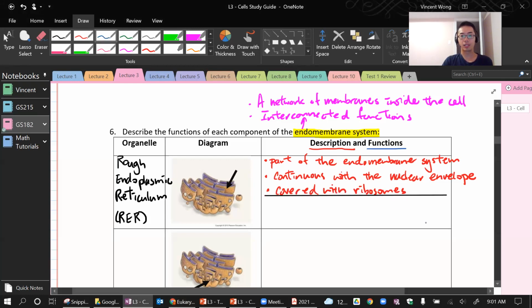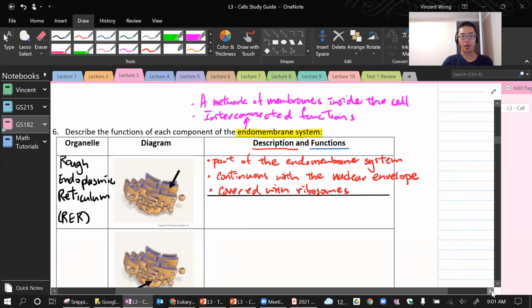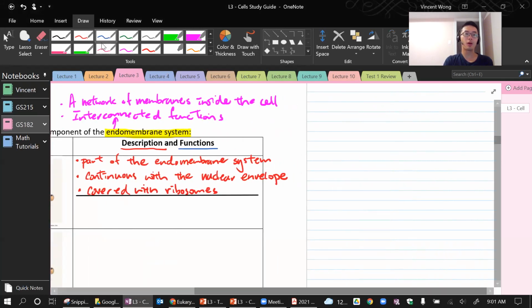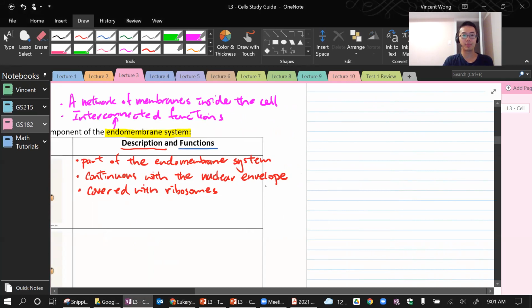Okay, let's do function. Rather than cramming it all in here, you probably will have more space, because your pencil is probably thinner than my marker, so I'll put the functions here on the side. What does it do?